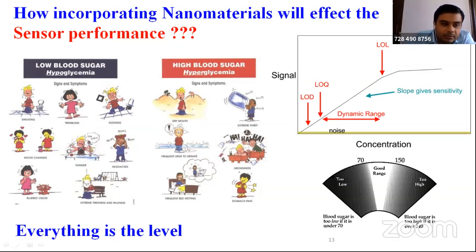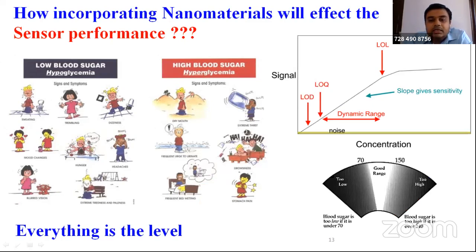When we say hypoglycemia, we always talk about the level, 60, 50, that level in the body. But when we say hyperglycemia, we say 180, 250, 400, 500, something like that. So we are linking the disease with reference to the concentration.